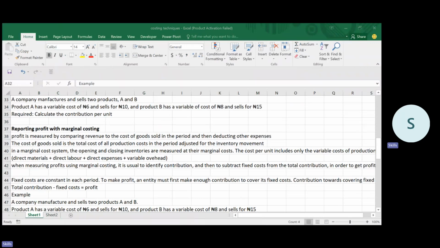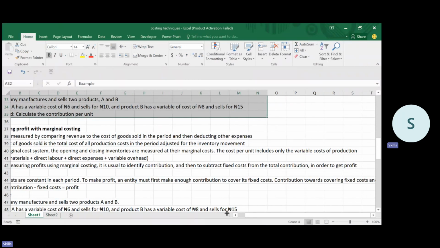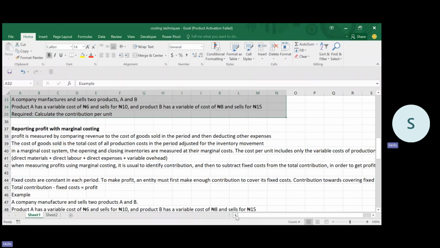Is that okay? The cost per unit includes only the variable cost of production. You know variable cost?